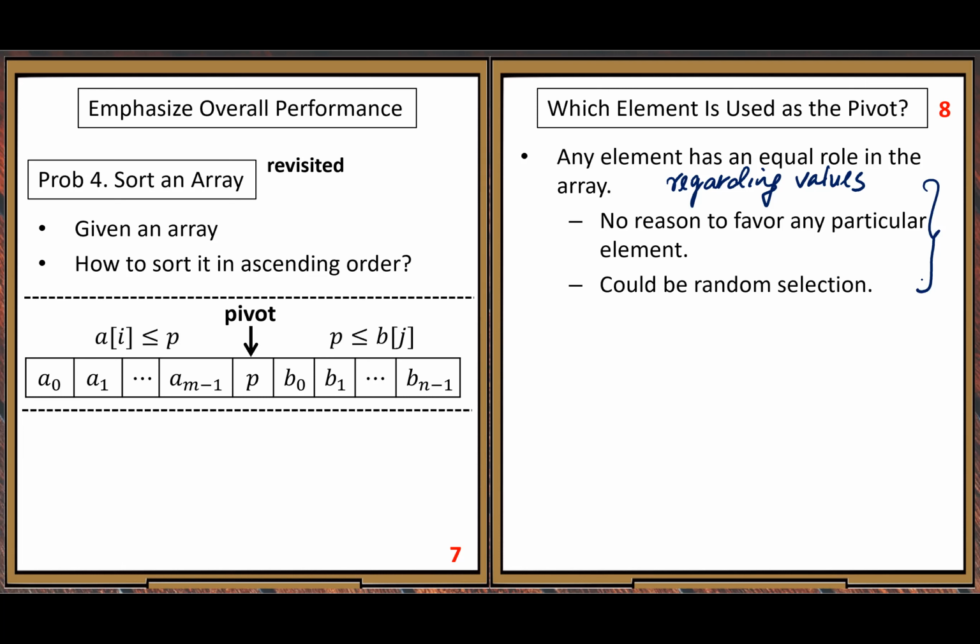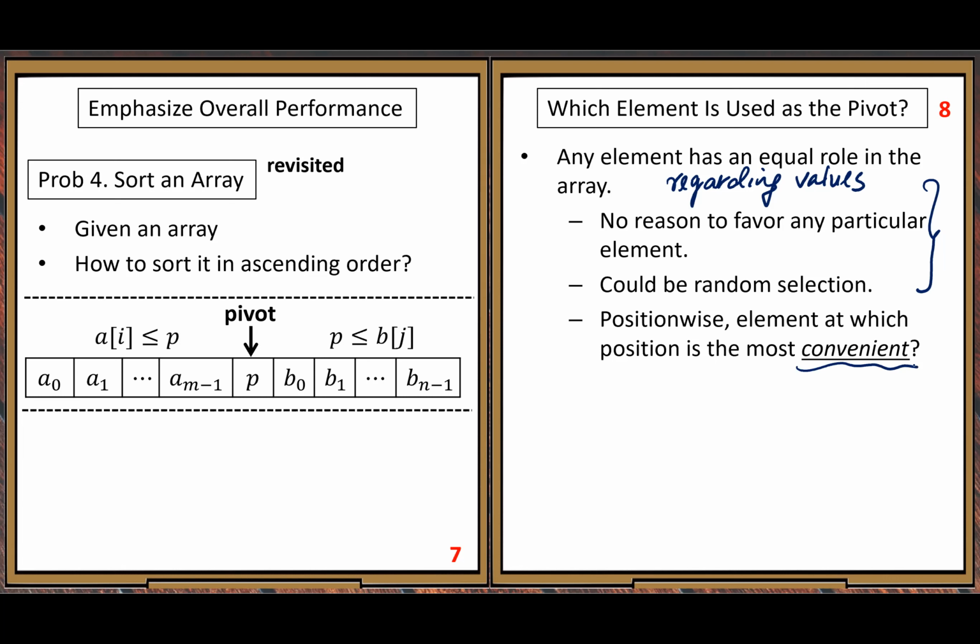In our second round, we want to focus on the convenience factor. Position-wise, element at which position is the most convenient? So let's look at this issue next.